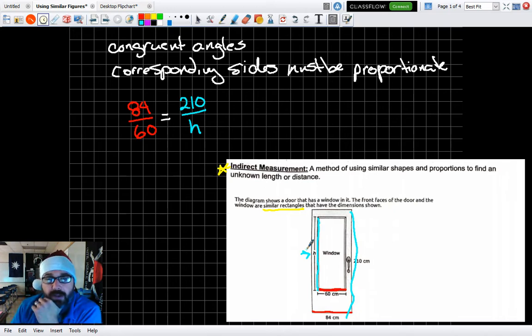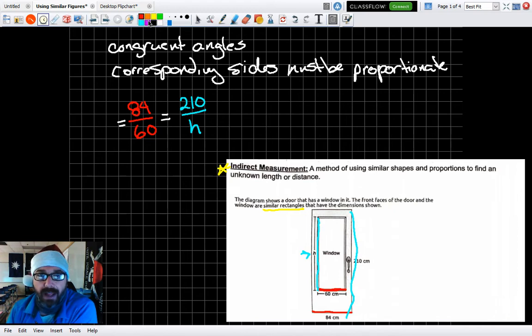So at this point, we have two different ways we can go. The way we've been doing it is we can reduce this fraction and find a ratio.